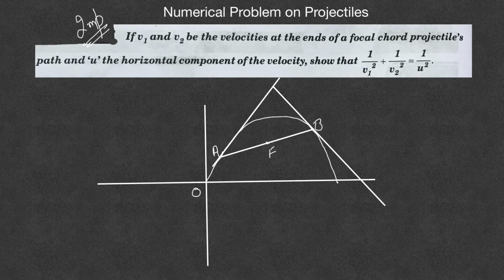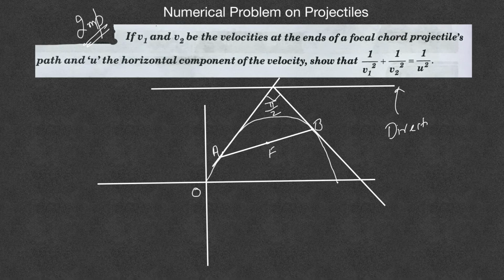So this point lies upon the directrix of the trajectory or parabola, and we know that those two tangents, this is a standard result, make an angle pi by 2, a right angle, at the directrix. So I can say that this is the directrix.